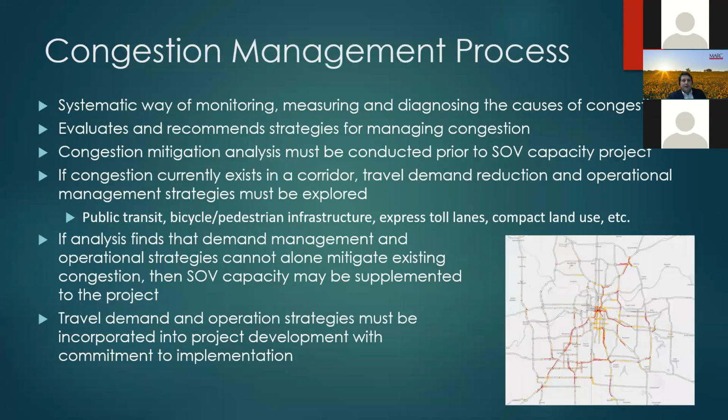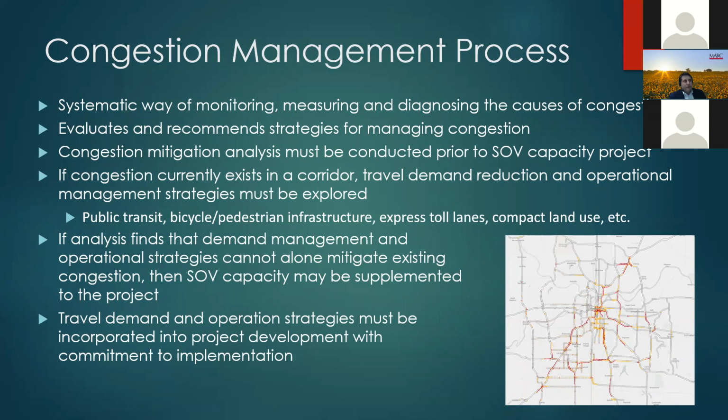I'll move on now to our congestion management process policy, which was also updated and adopted by our board of directors in 2020, along with the approval of the transportation plan. This policy calls for a systematic way of monitoring, measuring, and diagnosing the causes of congestion, and it evaluates and recommends strategies for managing congestion in our system.